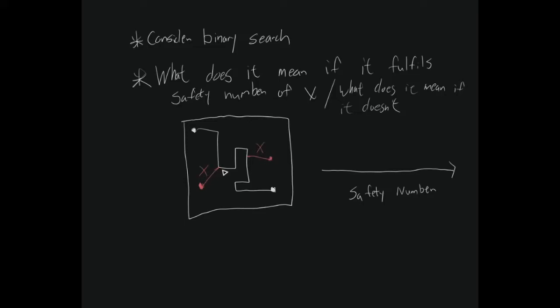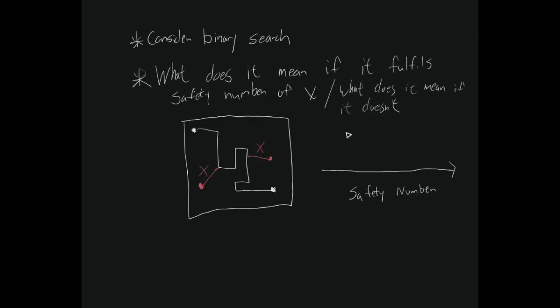What does it mean? If we fulfill the safety number x, then let's think about x minus 1. Now if we think about x minus 1, it means the thief can move one less step. So we can still use this path, because if the thieves cannot reach any of your points in x steps, it is even more hopeless for them to reach you in x minus 1 steps.